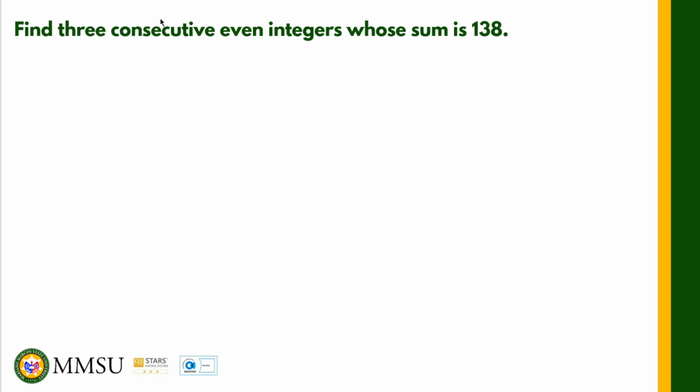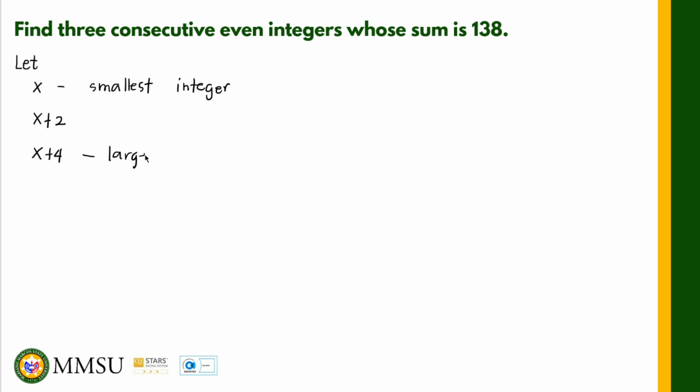Since the unknowns are the 3 consecutive even integers, let us represent them. We let x be the smallest integer. This x, as I said in the previous examples, can also be the second or the largest number. It's up to you. If x is your smallest number, then x plus 2 is the second, and x plus 4 is the largest number.